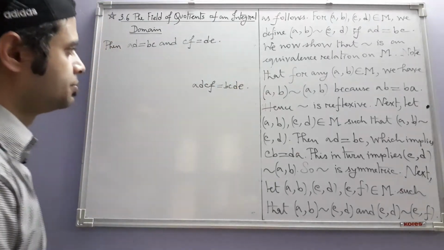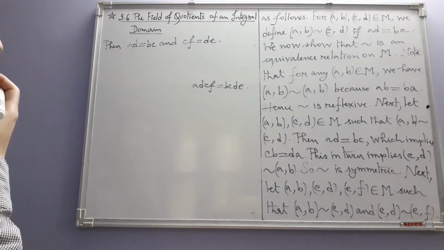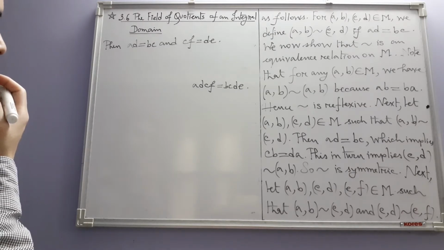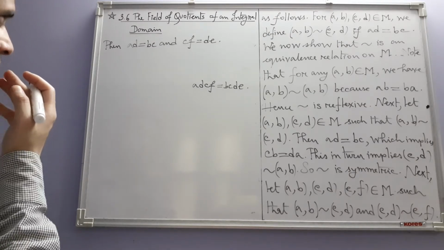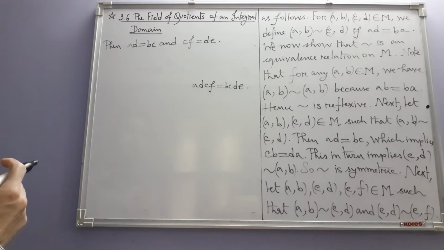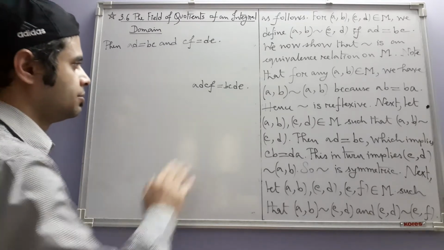BCDE. Yeah, D is cancelled and C. We need AF, so that means we have to multiply by F. Okay.